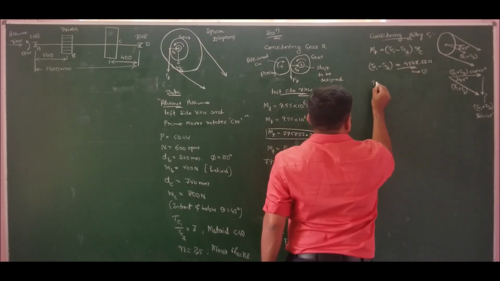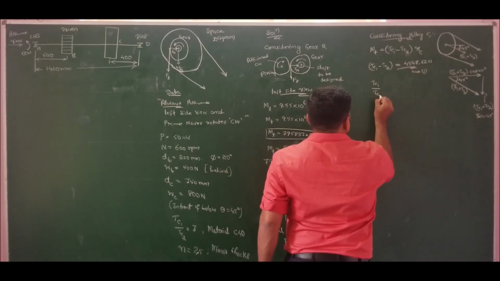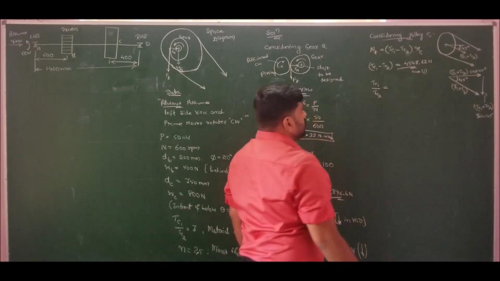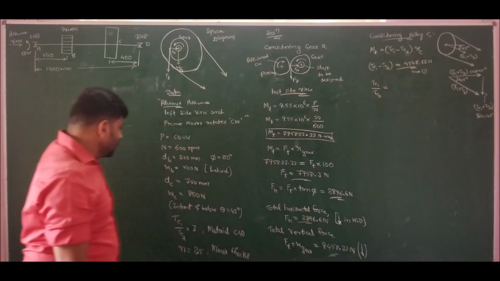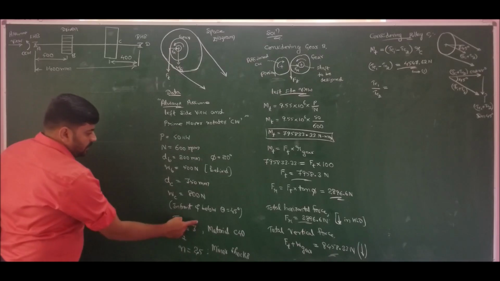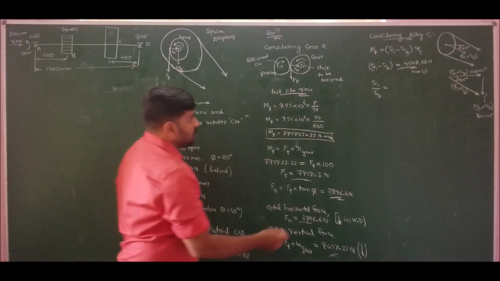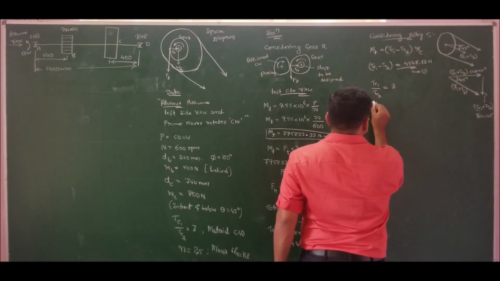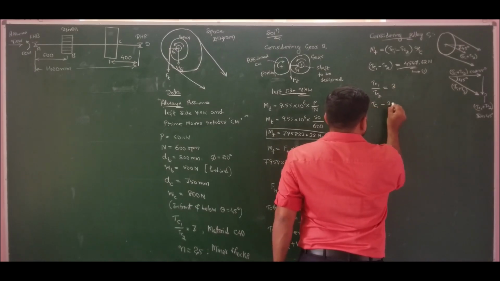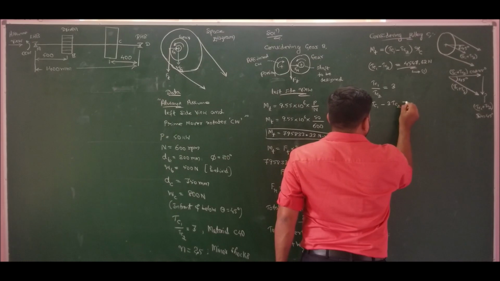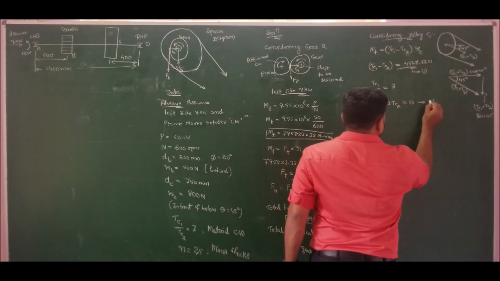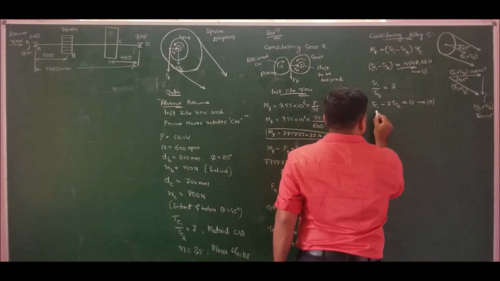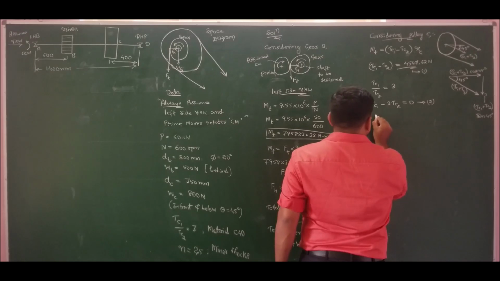We know another equation, the ratio of belt tensions, T1 by T2 is equal to e power mu theta. Here the value of e power mu theta has been given as 3. So directly we can write the ratio of belt tensions as 3. Hence equation 2 will become TC1 minus 3 TC2 is equal to 0. If I solve these two equations, I will get TC1 and TC2.